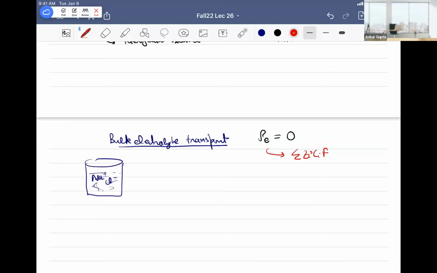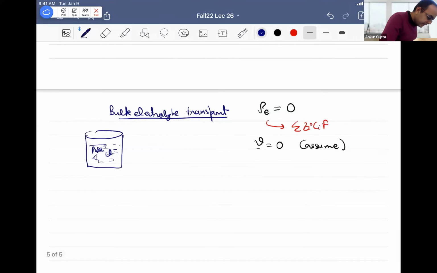The charges are opposite. So when I sum them, essentially I should get a ZiCiF sum to be 0. Okay, that's the idea. Now, if that is the case, that I have net charge to be 0, and I also have velocity to be 0, so assume this is an assumption, now I can write essentially the equations.